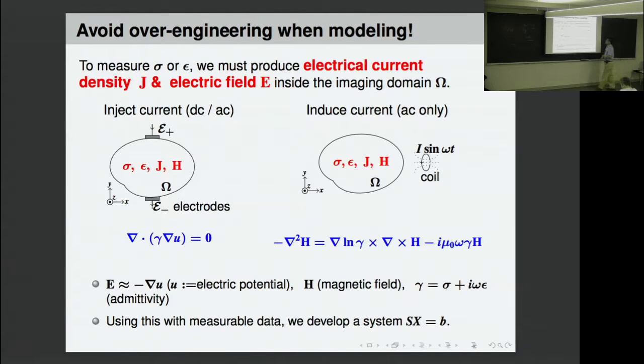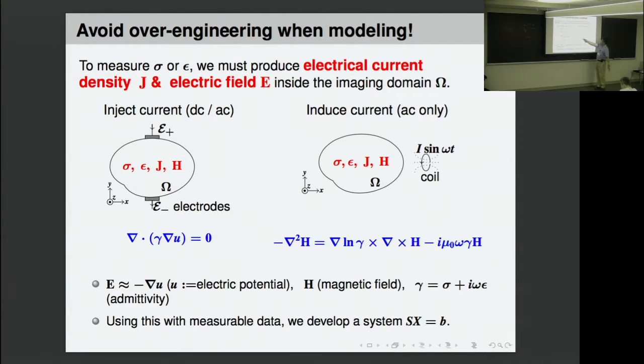Anyway, there are two methods. If you inject current using attached electrodes, the current flows depending on conductivity and permittivity. This is the current density, and this is the magnetic field. The other way is to use eddy current, where you induce a sinusoidal current. Using Ohm's law, you try to reconstruct the conductivity and permittivity.